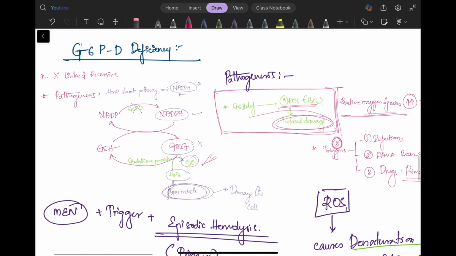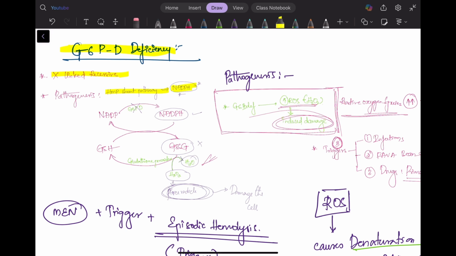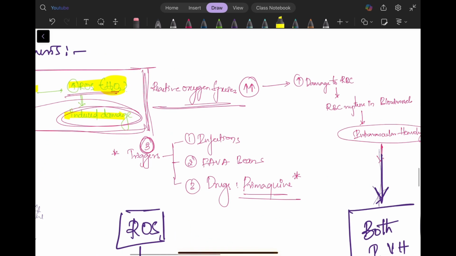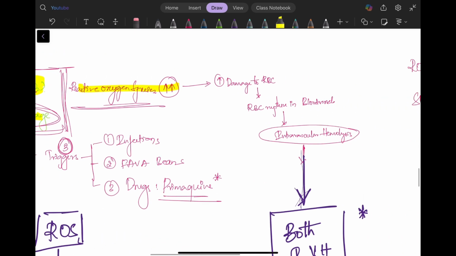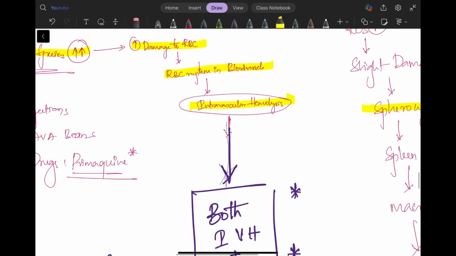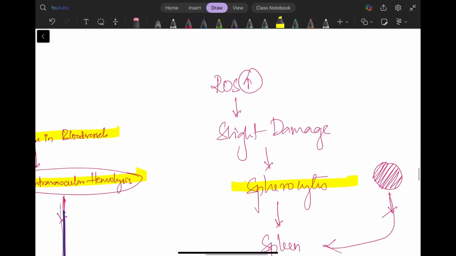So let's revise it quickly. Today we learned a very important topic, G6PD deficiency. It is X-linked, involving the HMP shunt pathway. You saw the importance of it, NADPH. So in pathogenesis, G6PD deficiency increases reactive oxygen species, mainly H2O2, hydrogen peroxide, induced damage. When ROS increases, it increases RBC damage, then RBC rupture in blood vessels, which leads to intravascular hemolysis.